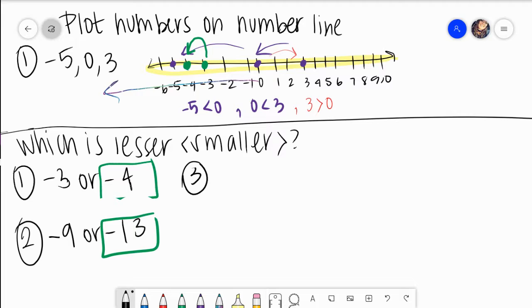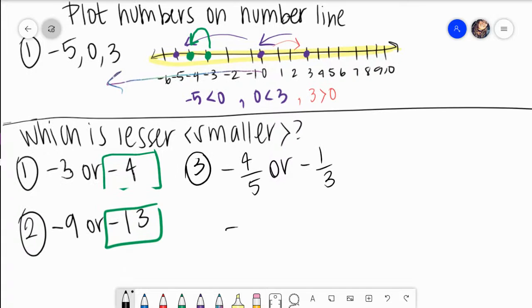Okay, what about this? Say we're asked -4/5 or -1/3. I'm going to tell you right now, if you put -4/5 into your calculator and hit enter, it should show you -0.8.